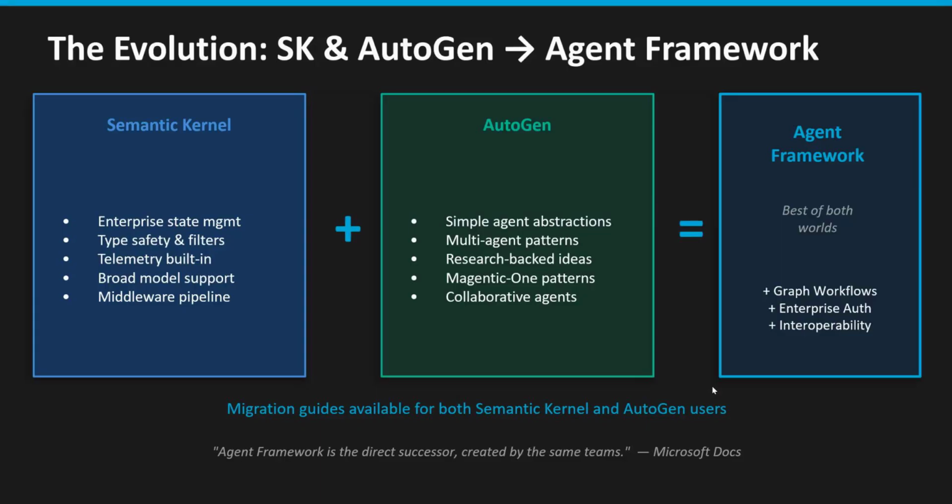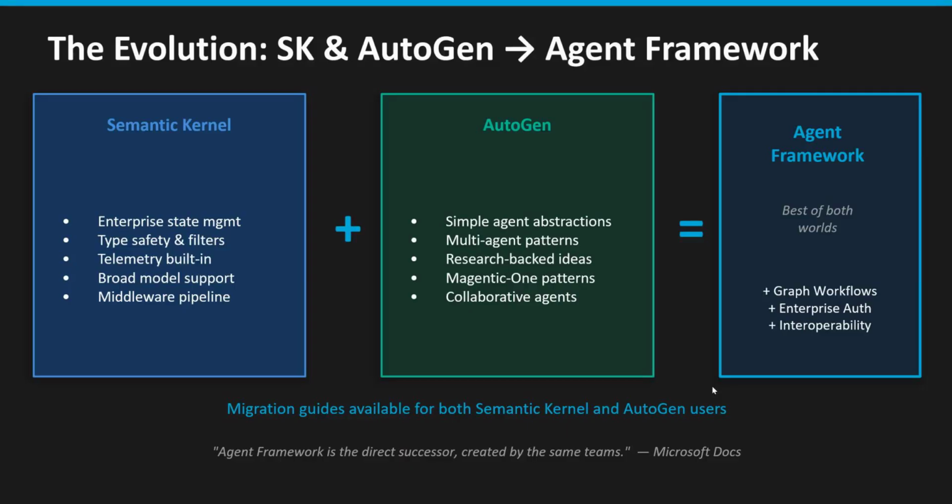Now, a question I get asked a lot is, where does the agent framework fit compared to Semantic Kernel and AutoGen? Here is a simple story. Semantic Kernel gave us solid enterprise-grade features like session state, type safety, and great telemetry. AutoGen, on the other hand, brought us really powerful and flexible multi-agent patterns, along with some cutting-edge research ideas like Magentic-One.